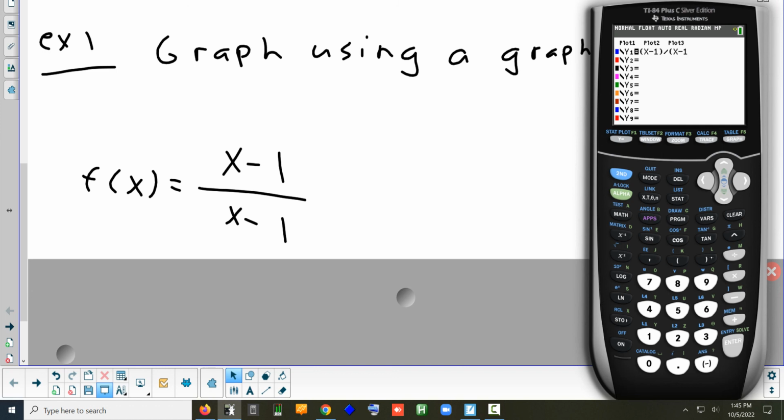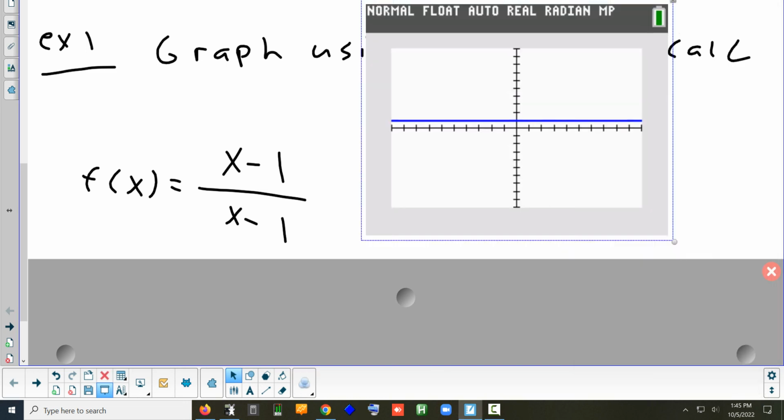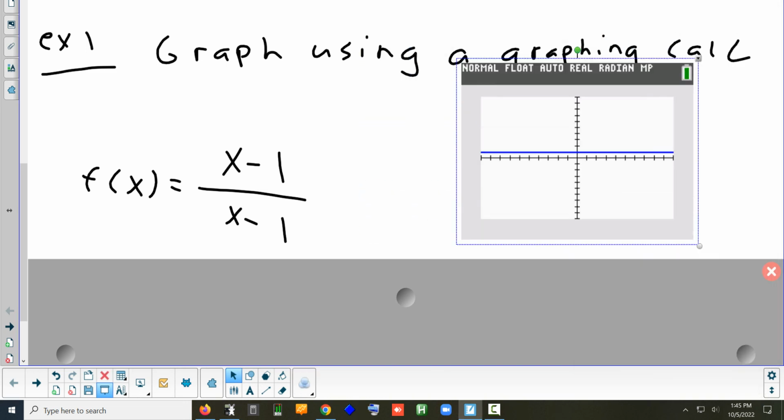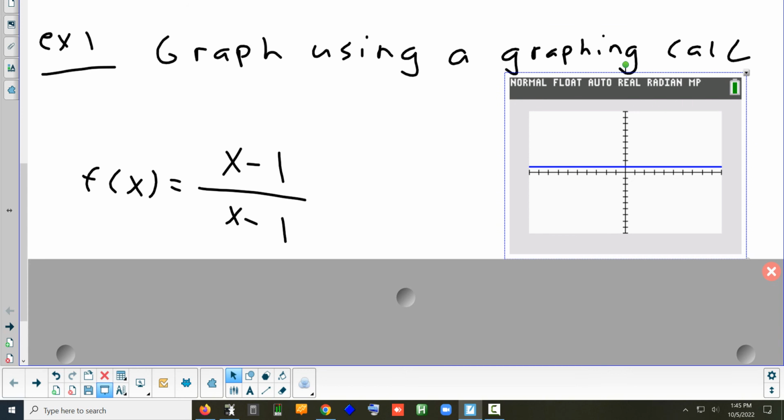Essentially, you're dividing two things that are the same. And what do you get when you divide two things that are the same? Yeah, you get the number 1. So this is basically going to look like the graph, let me do zoom 6, it's basically going to look like the graph y equals 1. And if all I did was show you that picture, you'd probably say, oh yeah, that's the graph of y equals 1.